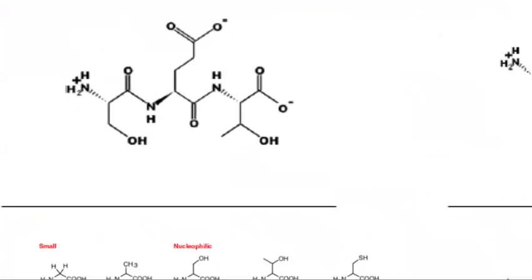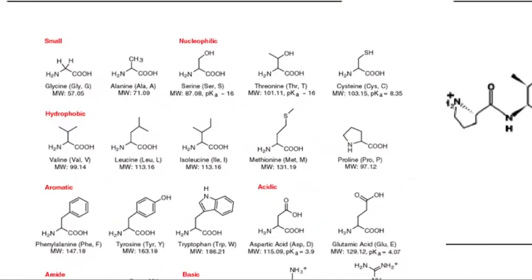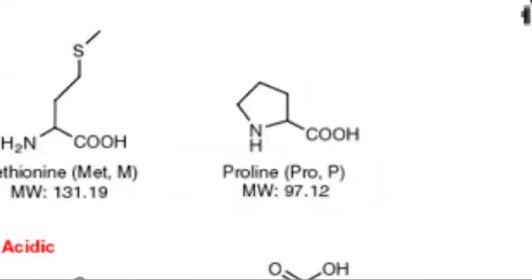So the first thing that you guys need to learn how to identify is that NH3 portion. This is your NH3, unless the first one is proline, then it's going to look like an NH2. And you know that you have proline because you can see that the side chain is connected to the nitrogen.